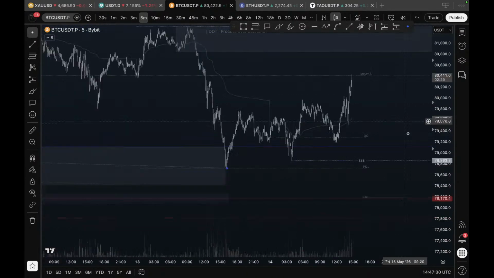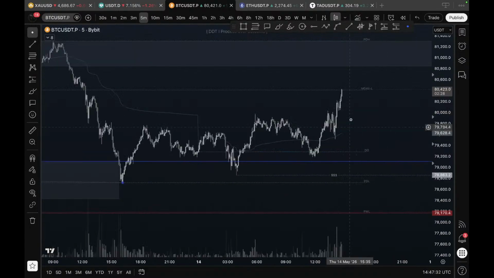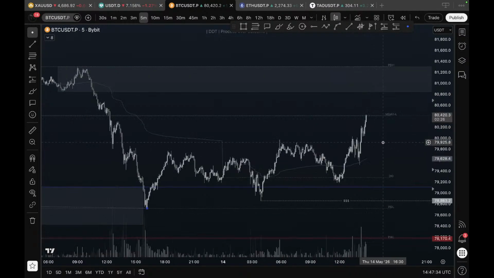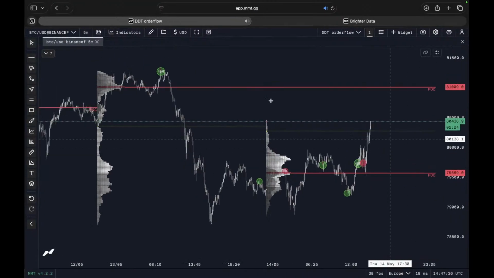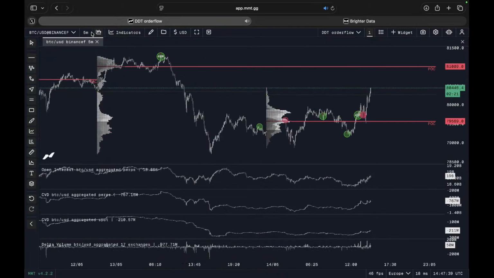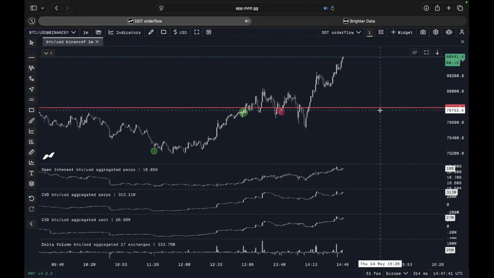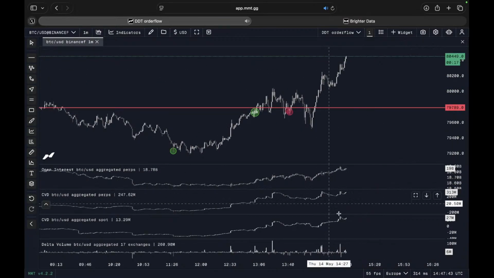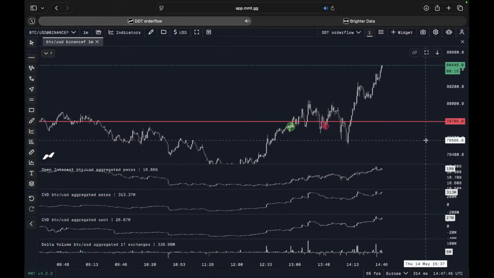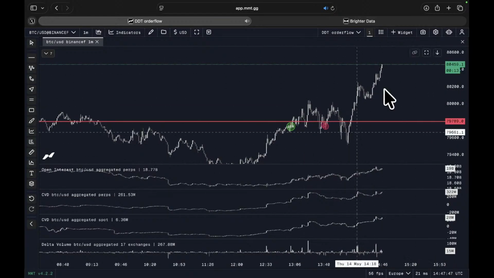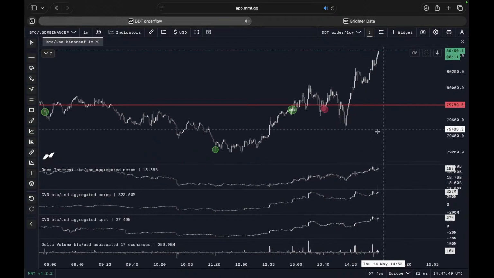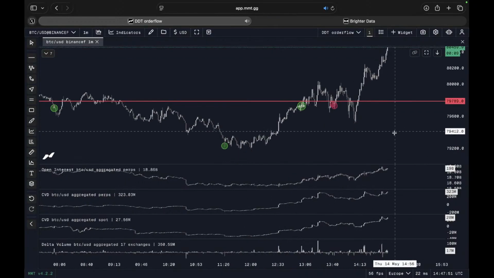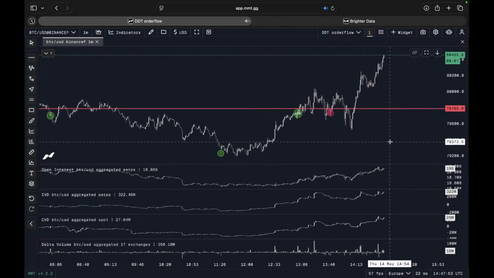I'm not sure if the news is out, but it looks like it's squeezing nicely. Maybe insiders or the news is positive, but yeah, same for me.